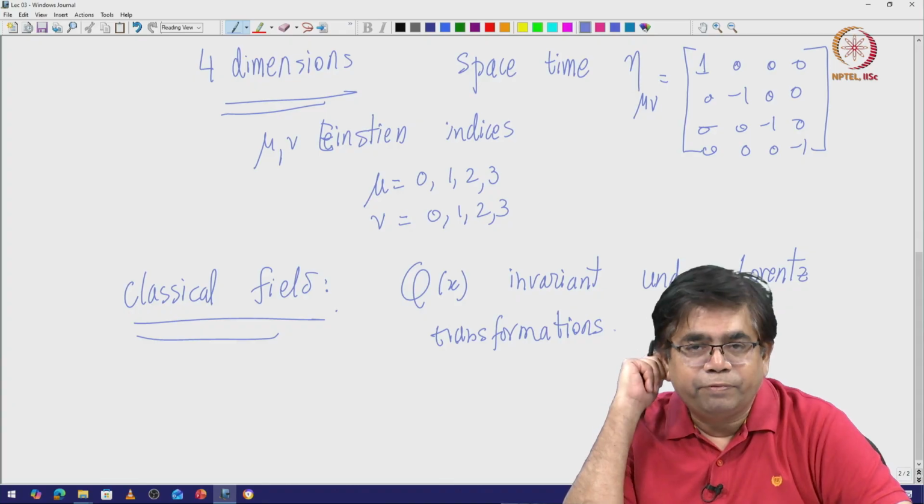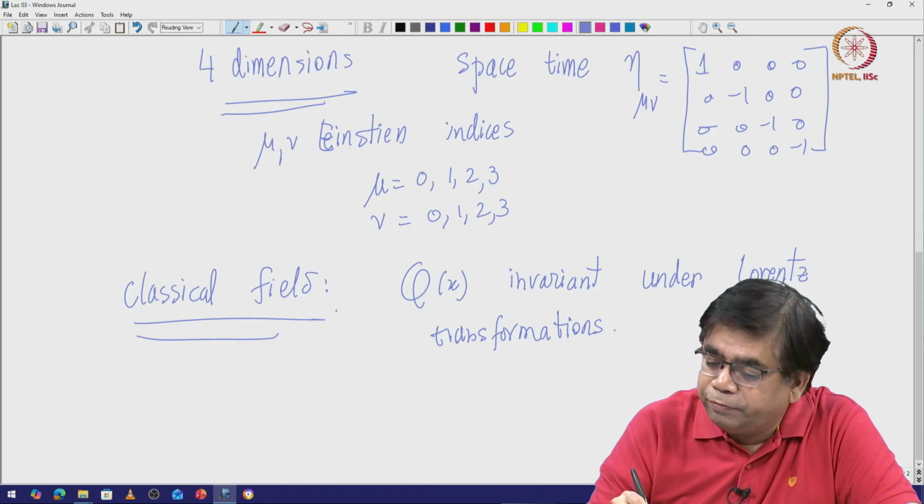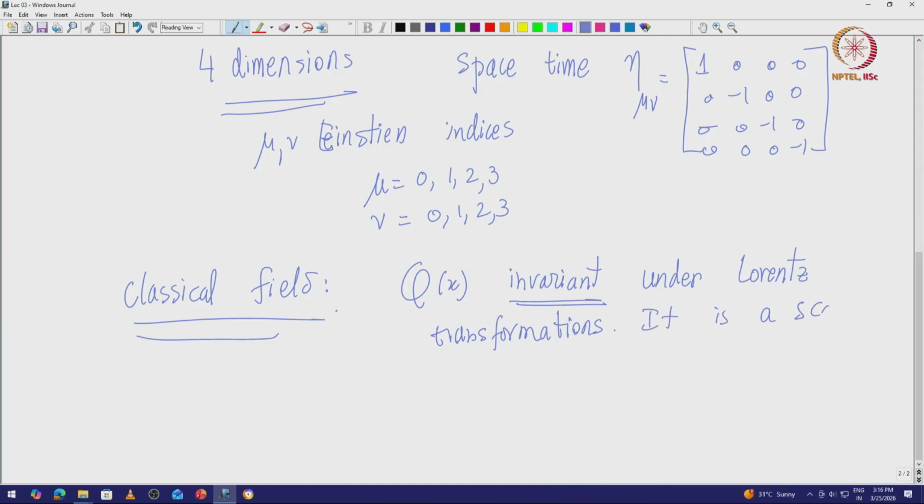A classical scalar field phi, so it is a scalar field. Which is invariant, the scalar field obviously is an invariant quantity.